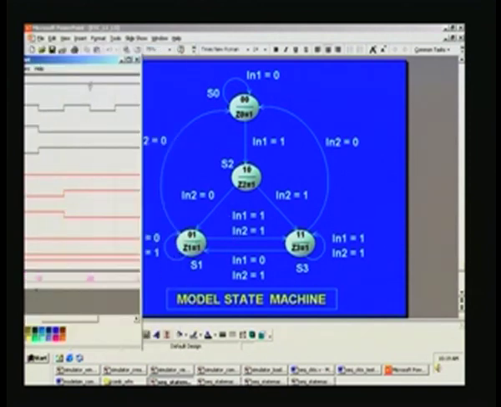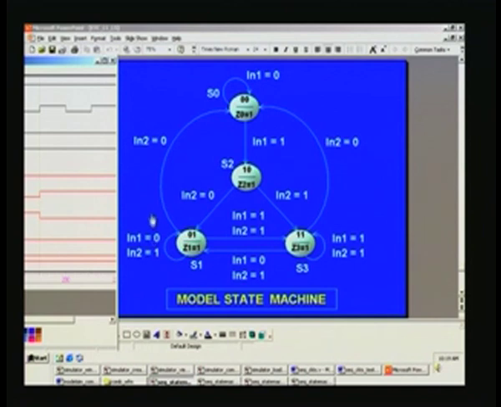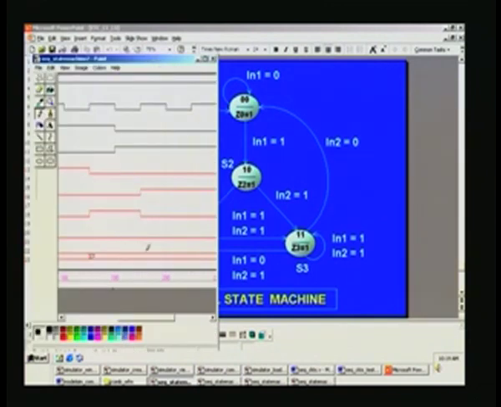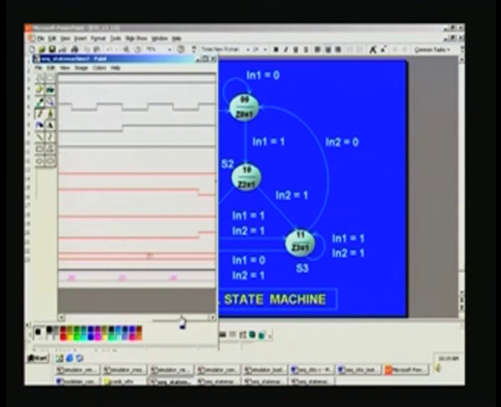So long as it is 0 1, it continues to be in the S1 state as per this. On the other hand, if in2 is 0, let us see what really has been put. It continues to be in the 0 1 state, and here it is going to the 1 1 state.